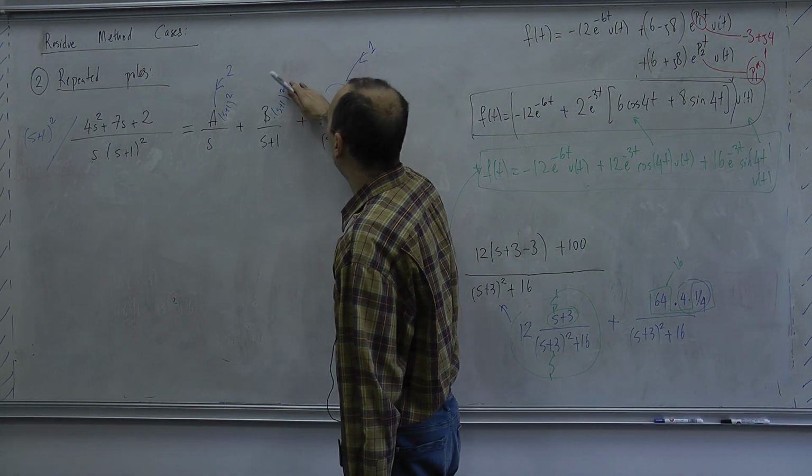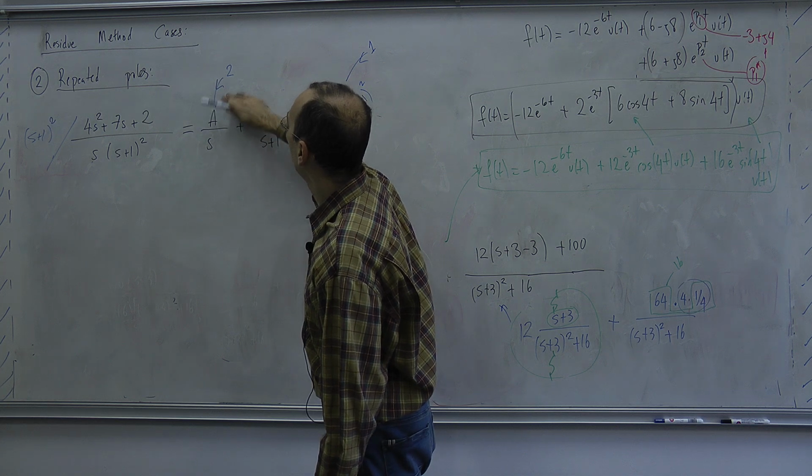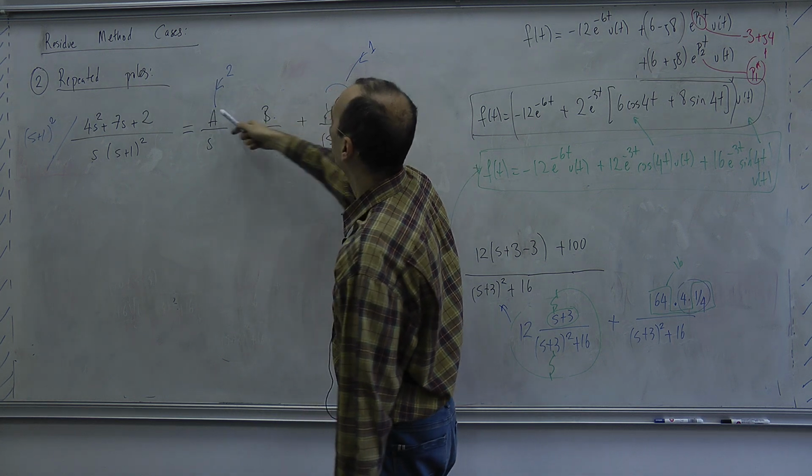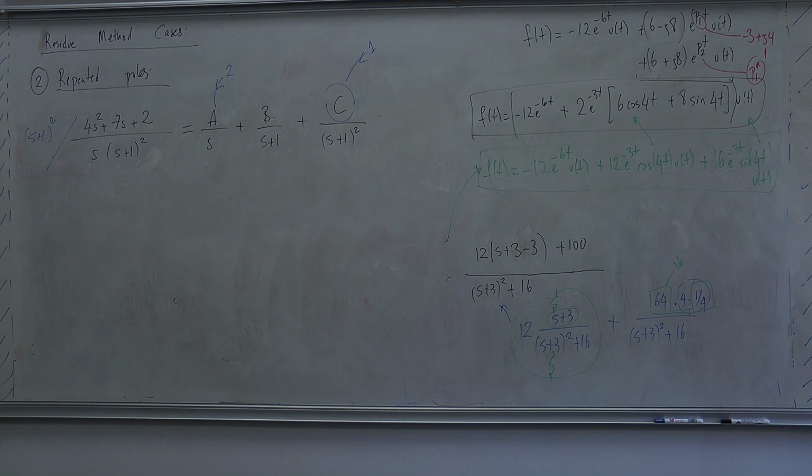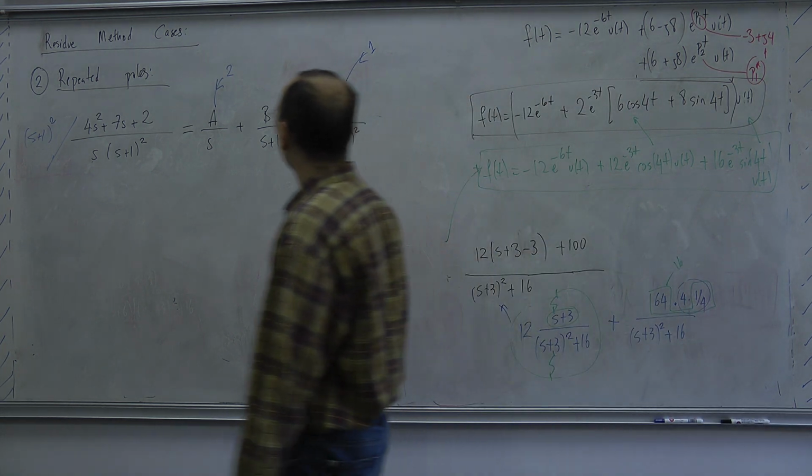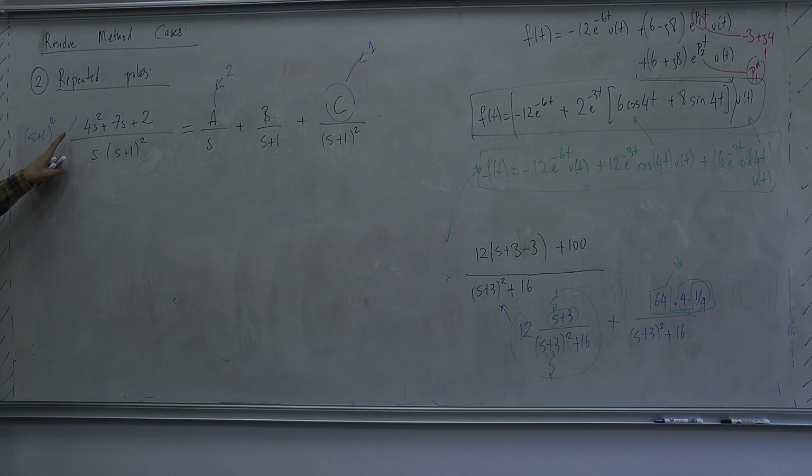So how can I find b? Well, if you have found so many things, like a and c, how can you find b? Well, you can do something like that. For example, what is the coefficient of s squared over here? 4.